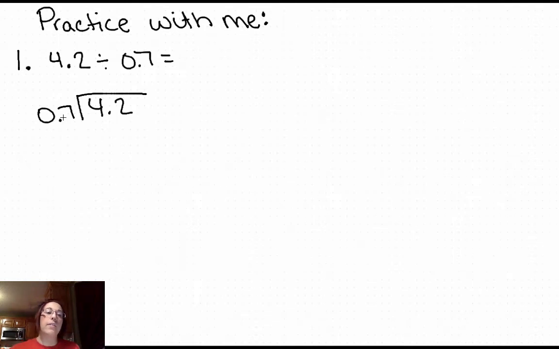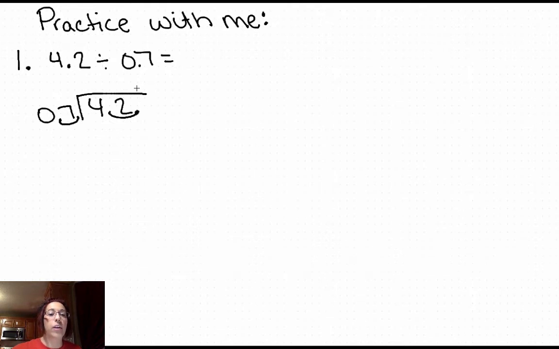So our first step is to multiply the divisor by powers of 10 to move our decimal point to the whole number. We moved it one space, that's multiplying it by 10. So we need to come in here to the dividend and move it one space, or by 10.